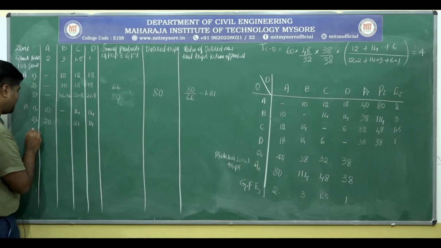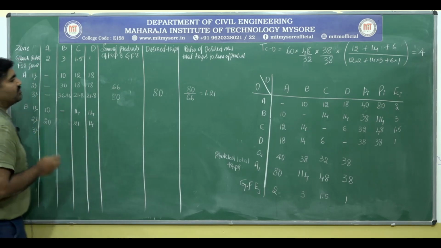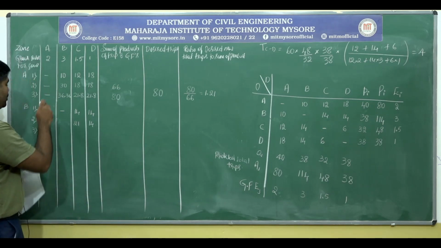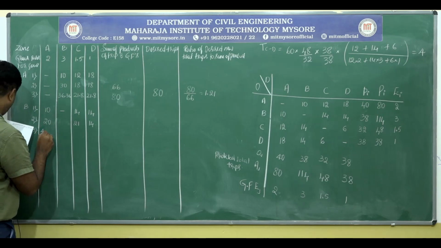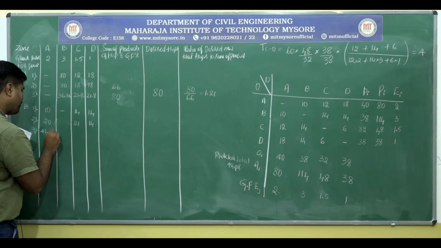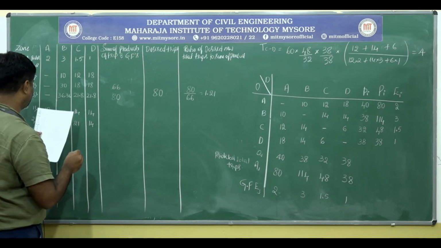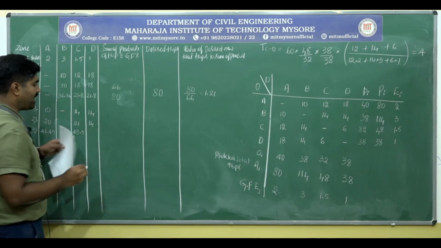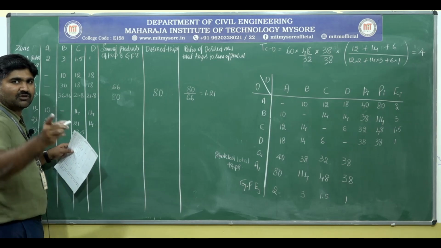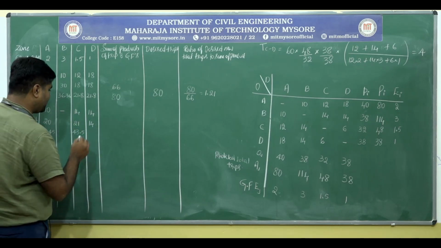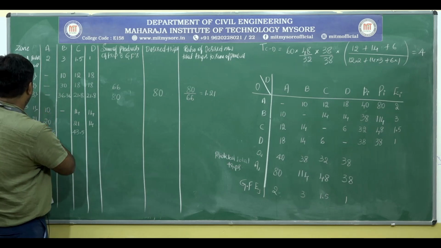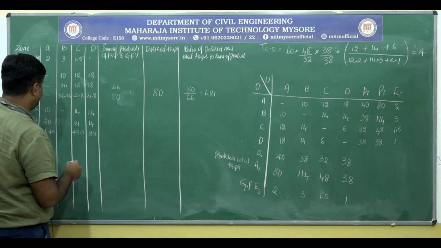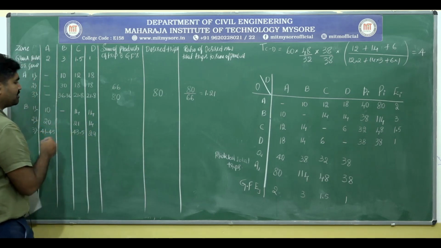Next, step 3, check the distributed values. B to A, we got 41.45. B to C, we got 43.5. After distributing, you can check these values. Next, B to D, you got 29.